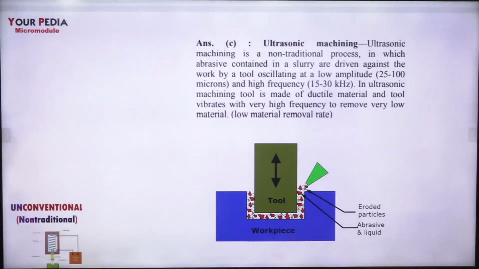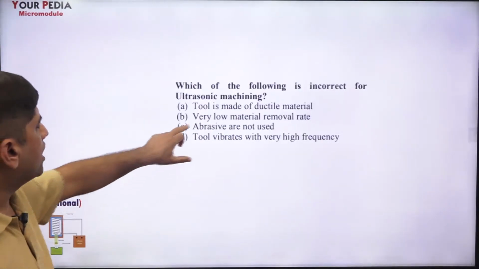In this process abrasive slurry is provided and the tool oscillates at low amplitude and high frequency. Note down the amplitude also, frequency also. The machining tool is made up of ductile material and vibrates at very high frequency, with a low material removal rate. So what is C? Abrasives are used.